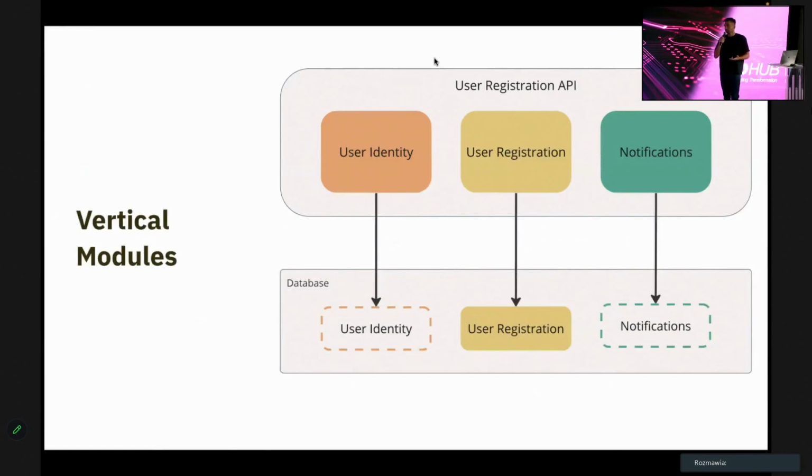Then we reflected these 3 subdomains as 3 separate modules in our application, our backend service. Only one of them at the moment is using the database, it's user registration. But in the future, if we need, we would simply distinguish a separate database schema in the same database resource.